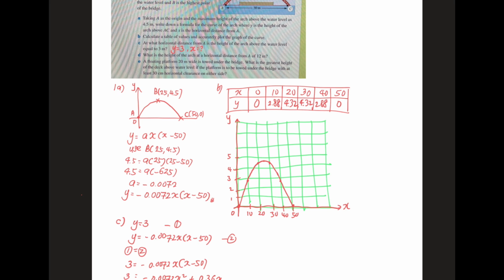Yeah, okay, so these two are the correct values.